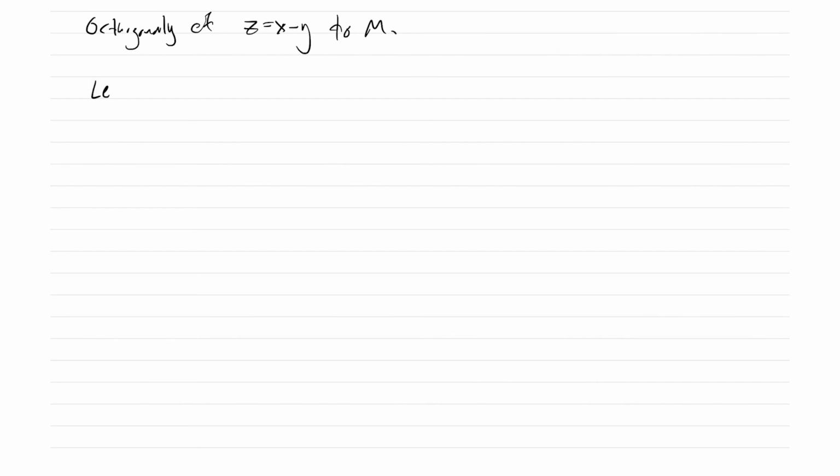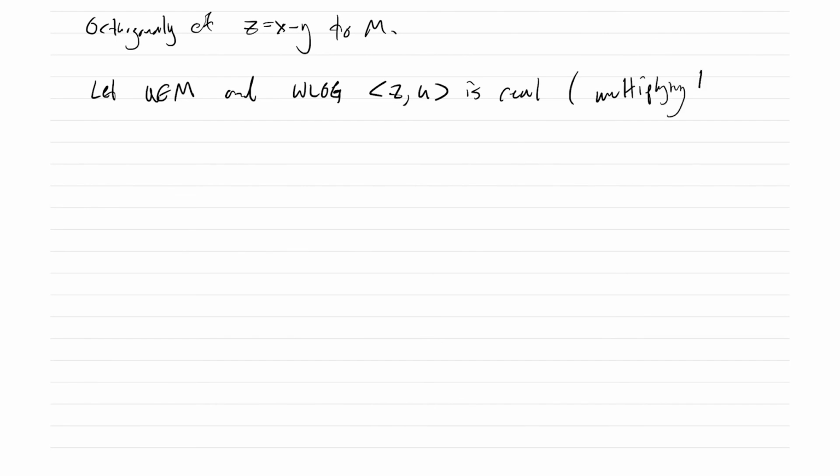So we're going to let u be in M, and without loss of generality, I'll assume that z inner product with u is real. This can be done by multiplying by a unit value in C, right? So just like before.